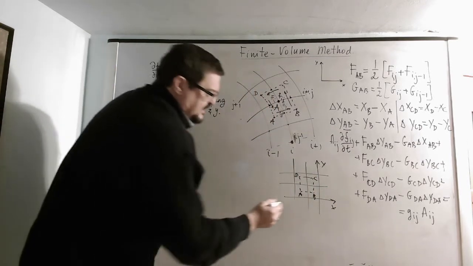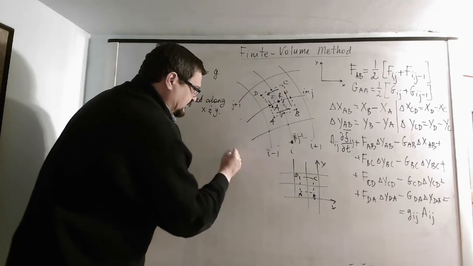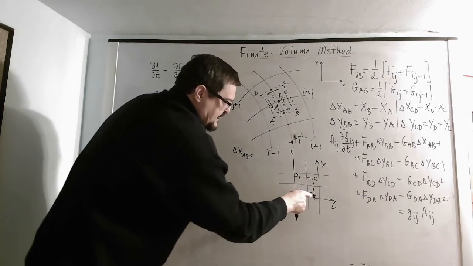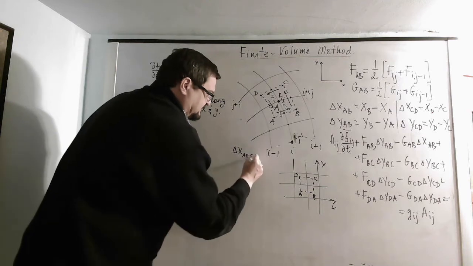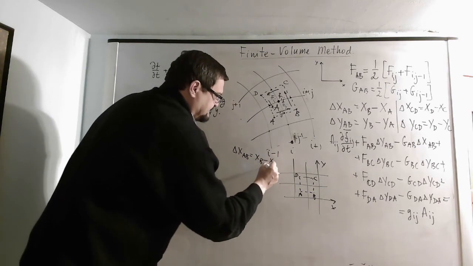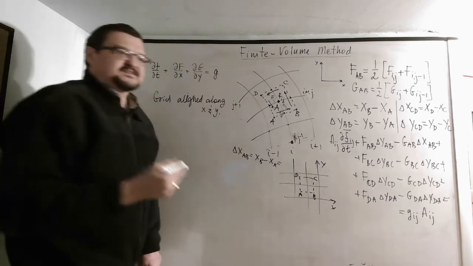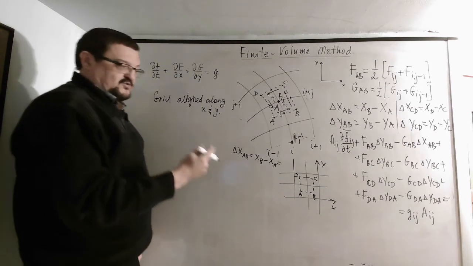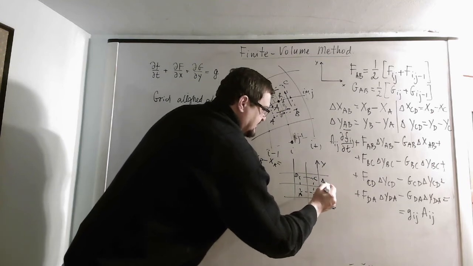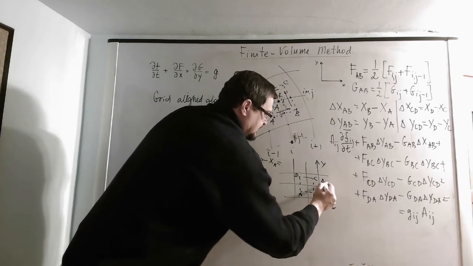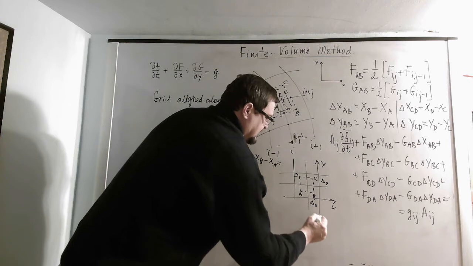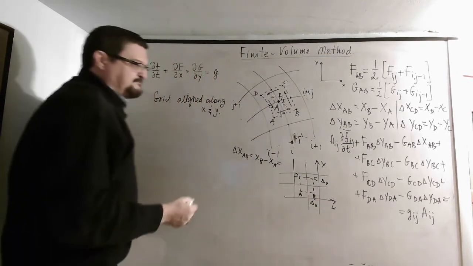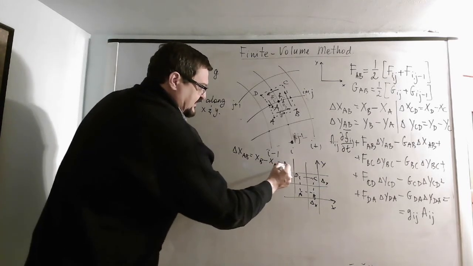So in that case, delta x AB equals x at B minus x at A. It's equal, for example, if it's the same grid spacing in all directions. So let's say here is delta y, delta x. Normal grid spacing everywhere is the same. Then it's just delta x.